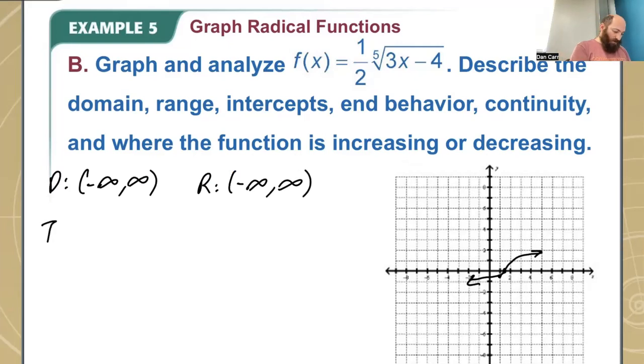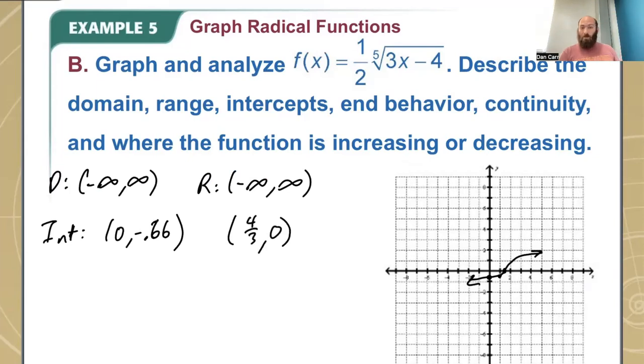For my intercepts, we found this one out at 0. It was about negative 0.66. That's my y-intercept. And for my x-intercept, it was crossing at 4/3, 0. Again, I'm just getting that from the graph. I guess I could plug in 0 here and plug in 0 here to find this one, but we'll talk more about solving these in the future.